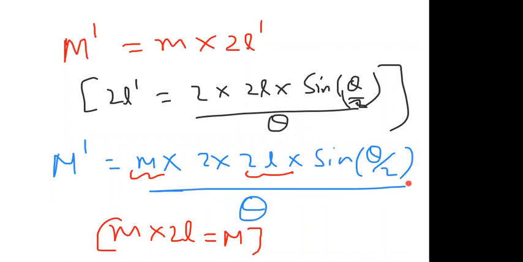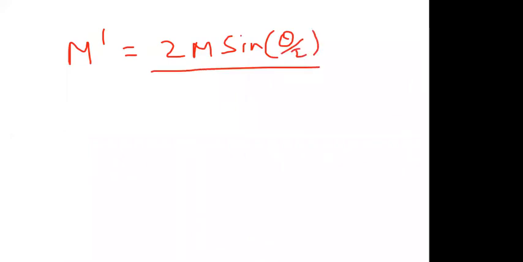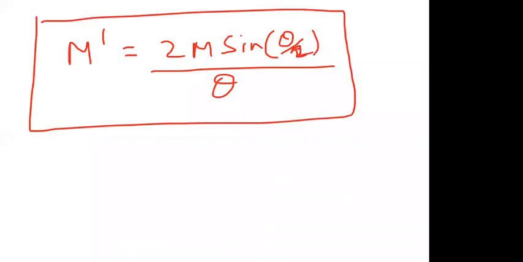I will write in the next page. That is M dash is equal to 2M into sine of theta by 2 by theta. So this is the given expression.